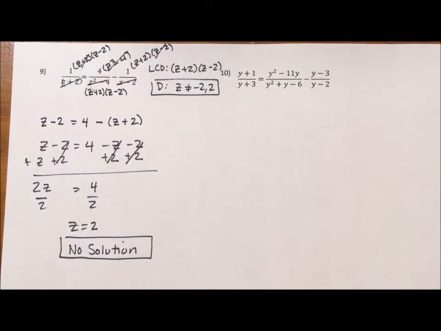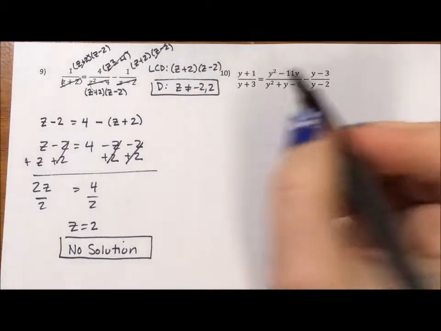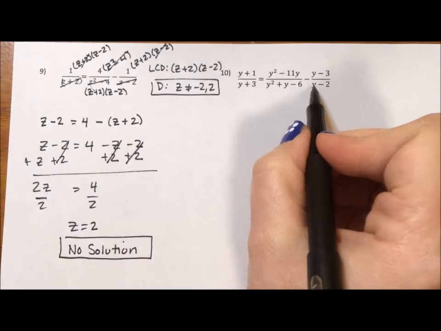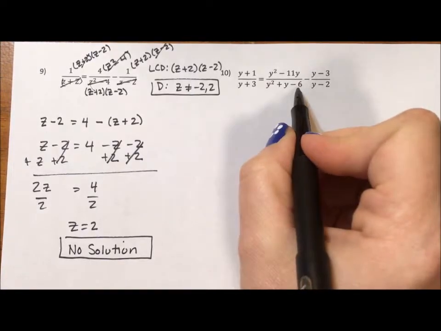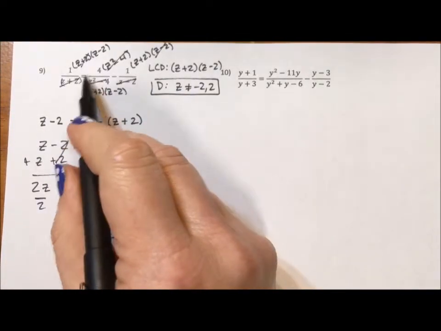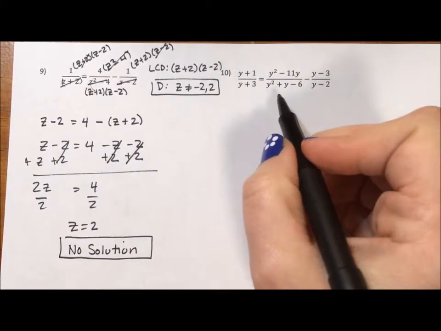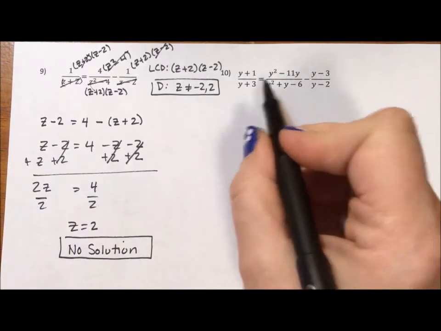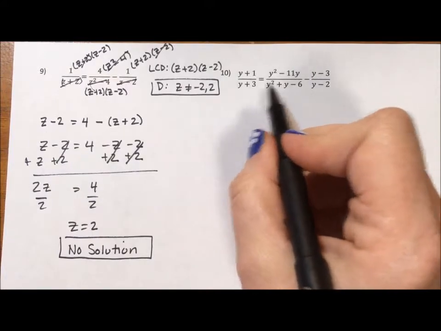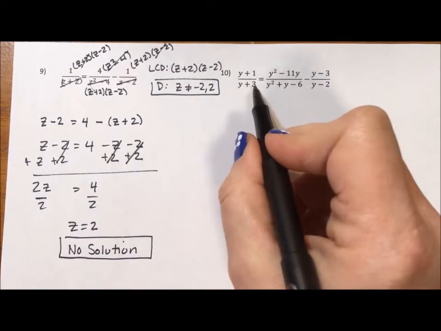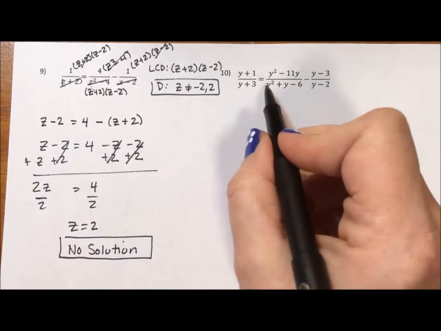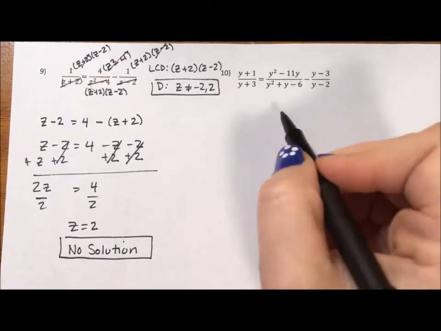Okay, 9 and 10 are really, really similar. 10's a little bit longer. It's similar in that 2 of our denominators are binomials and the last one is a trinomial. I know this was a binomial, but it still had that squared piece to it. 99.9% of the times when you have a situation with a binomial and a trinomial, it's really just testing to make sure that y plus 3 times y minus 2 is y squared plus y minus 6. It is.